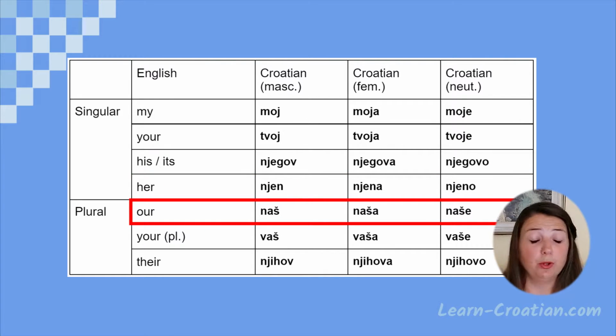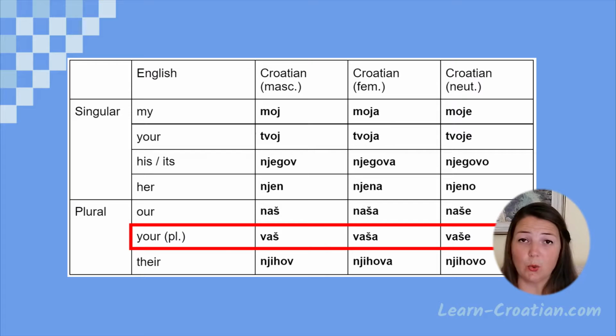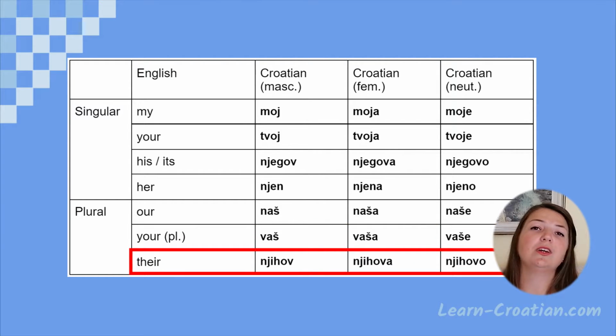Our, the first person plural, would be naš, naša, naše. The second person plural, your, would be vaš, vaša, vaše. And the third person plural, their, would be njihov, njihova, njihovo.